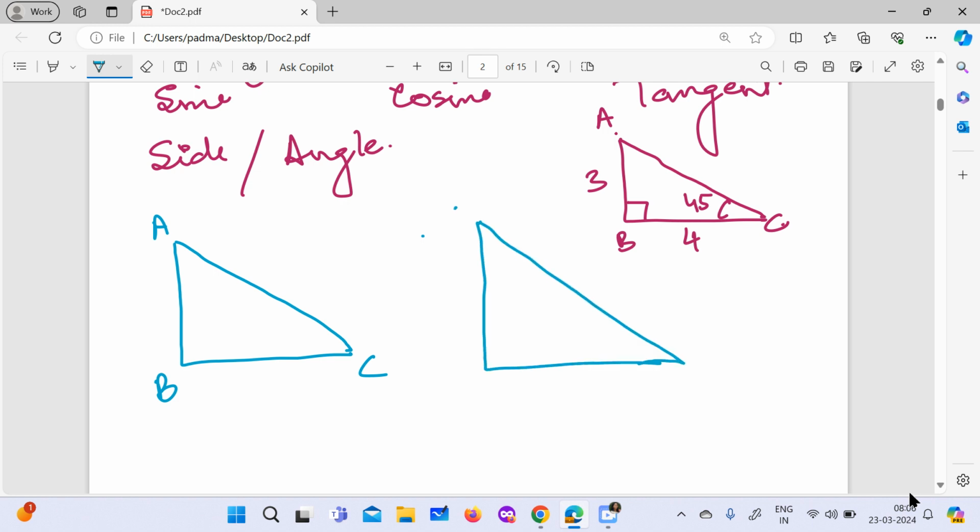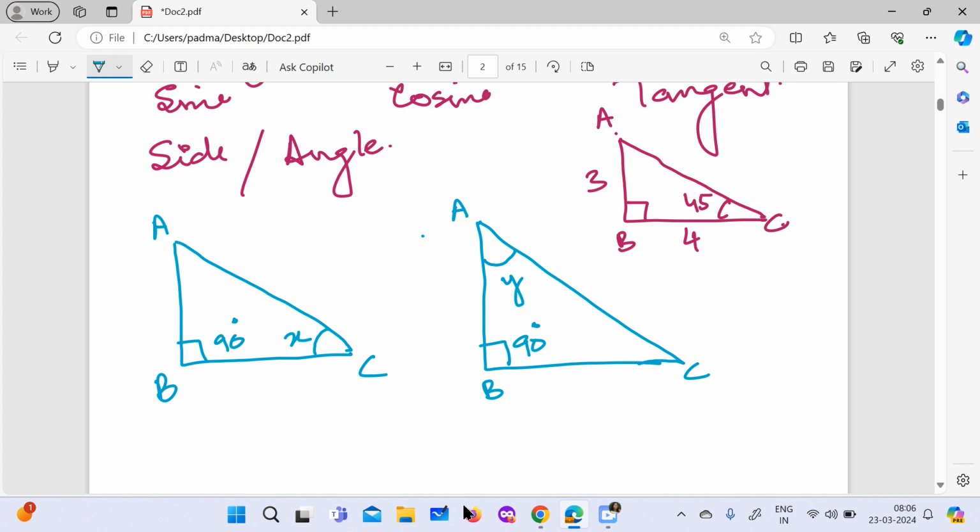I'll mark this also as A, B, C. 90-degree is here and 90-degree is here as well. Now I will mark an angle here. Let me say this is angle X. And in this triangle, I will mark my angle as Y.